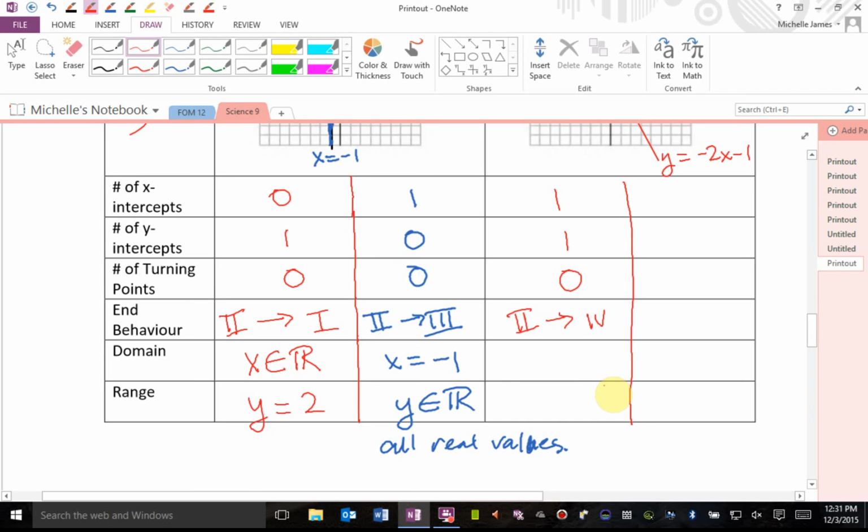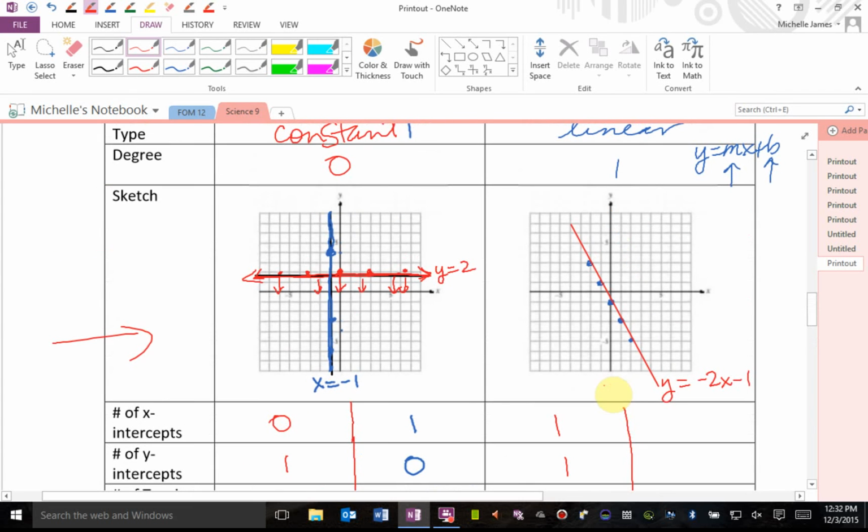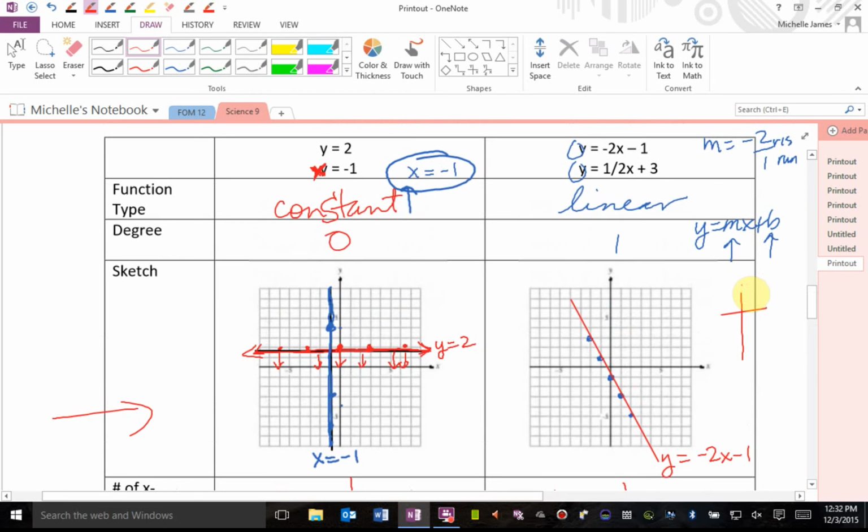Its domain? If I were to generate ordered pairs using a t-chart for the graph of y equals -2x minus 1, and remember you could always do that, you could think of a bunch of x's and then get some y's based on that. Is there anything x couldn't be?